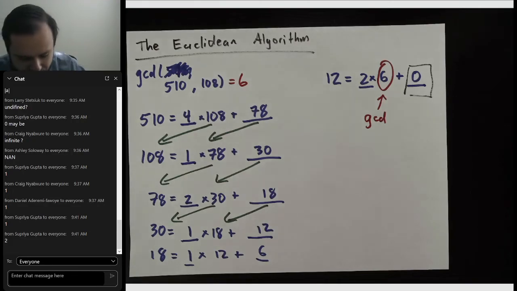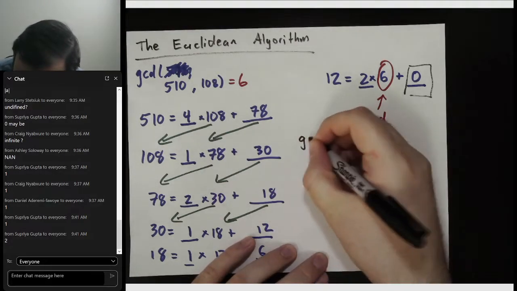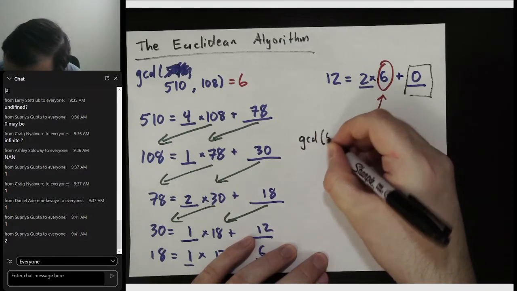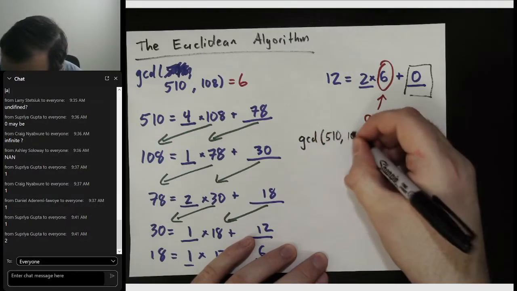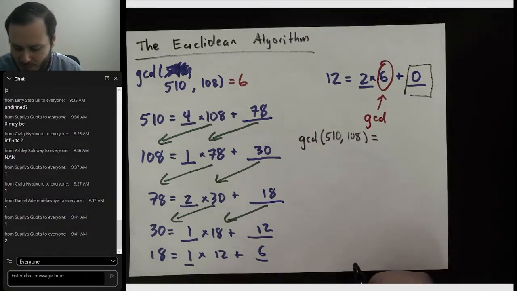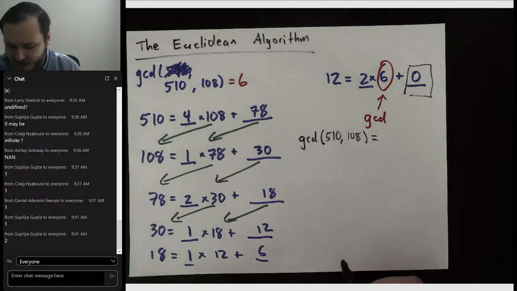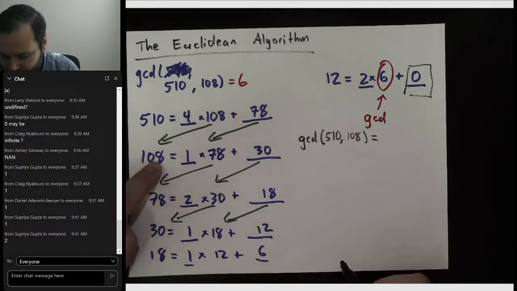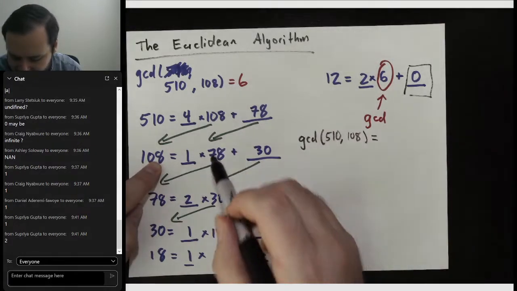Because what am I secretly doing here? What I'm writing is the GCD of 510 and 108 is equal to, well, I use my lemma. It's equal to the GCD of 108 and 78.